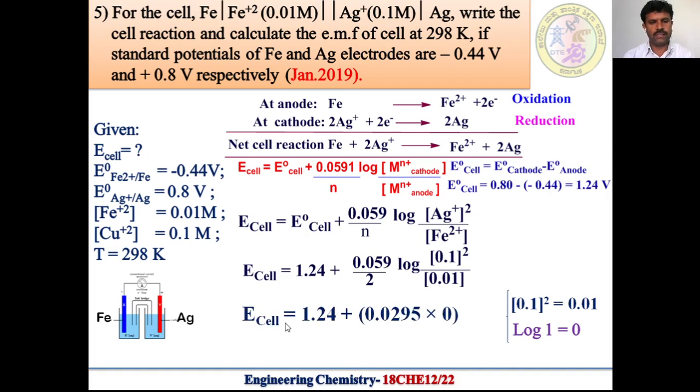So E cell is equal to 1.24 plus 0.059 divided by 2, that is 0.0295. Here 0.1 squared is 0.01, and 0.01 divided by 0.01 becomes 1. Log 1 is equal to 0. This whole term becomes 0, hence the EMF of the cell is equal to 1.24 volt. So this is about problem number 5.